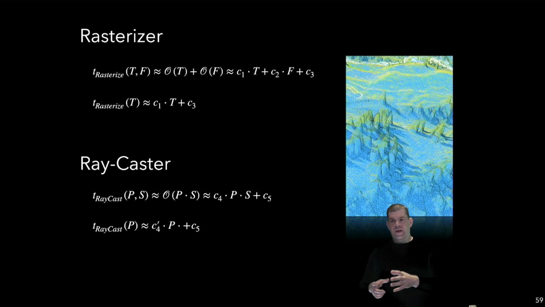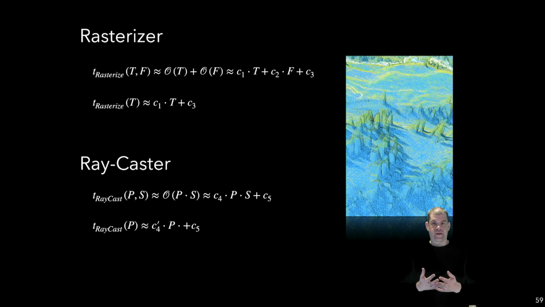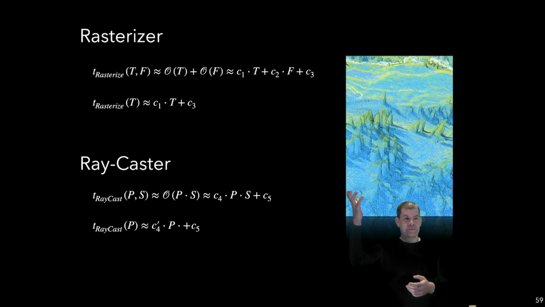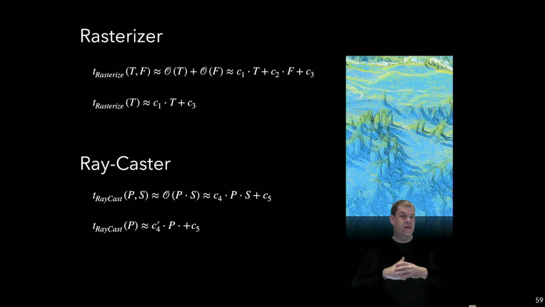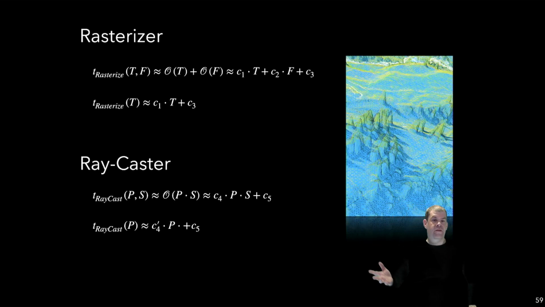Now, what we see here is that for tiles that are made up of a ton of triangles, the first one will be slow, and the second one doesn't care. For tiles that have a significant footprint, that are very big on the screen, the raycaster is probably going to be slow because it impacts a ton of fragments, but the rasterizer, if it doesn't have so many triangles, doesn't care because it's independent of the number of fragments.